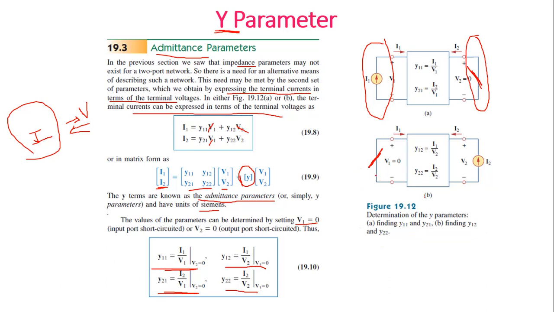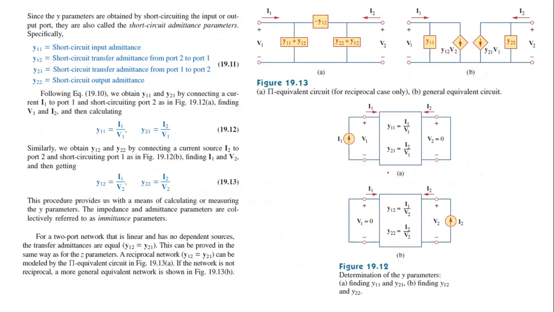You can see that in the first case V1 is connected, so V2 is made 0. In the second case V2 is connected, so V1 is made 0. Since the Y parameters are obtained by short circuiting the input or output port, they are called short circuit admittance parameters.